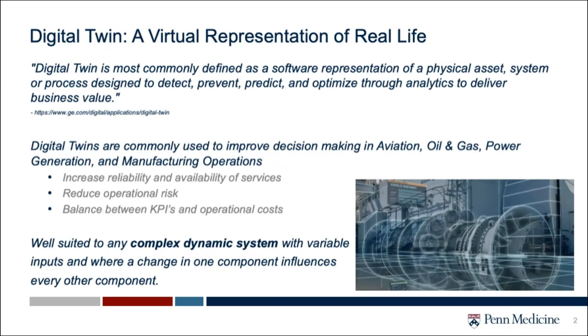It's a good tool for modeling a complex or dynamic system, because the system is more complex than you can reason through in your mind, and a representation of all of that through a schematic, through data, can help make better decisions.